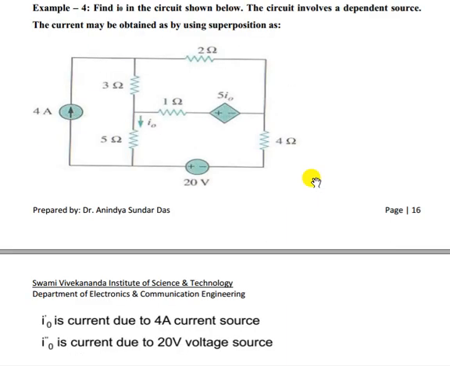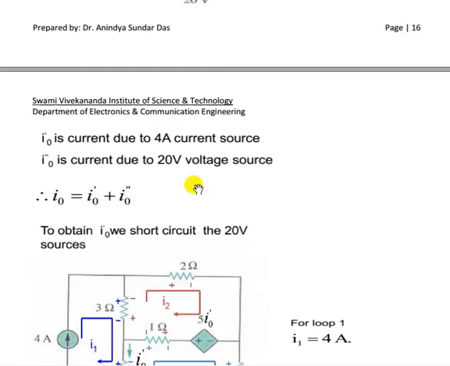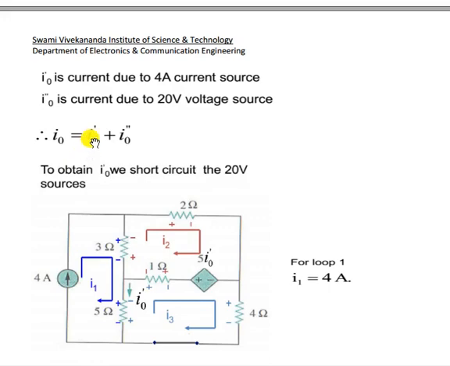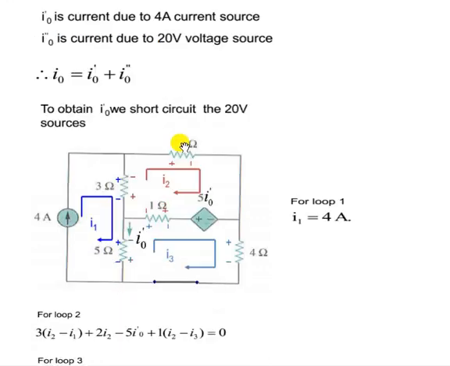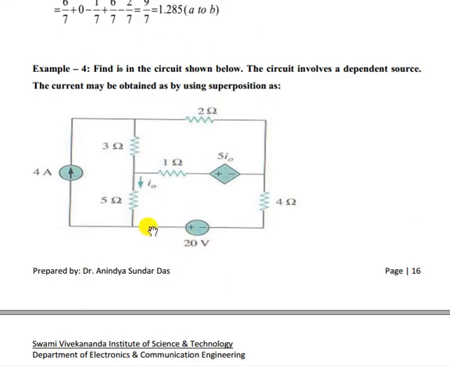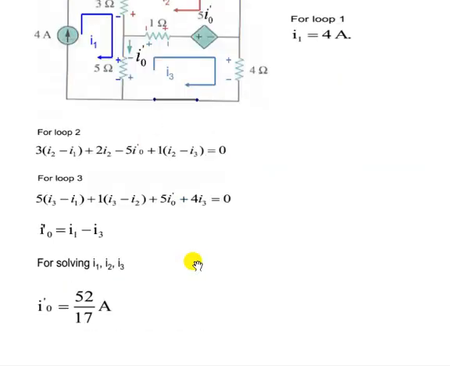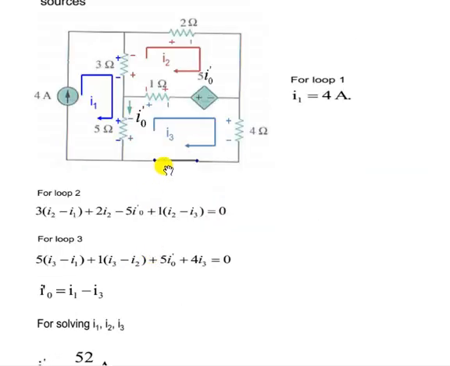So the current through this 5 ohm resistor I0 will be due to 4 ampere, which is I0 prime, and I0 double prime due to the 20 volt source. So I0 equals I0 prime plus I0 double prime. Now this is the voltage source, so shorted. So this is short circuited. Now we have 3 loops.